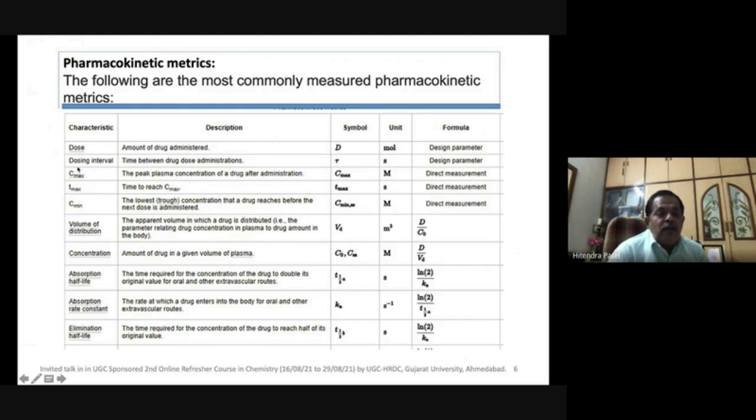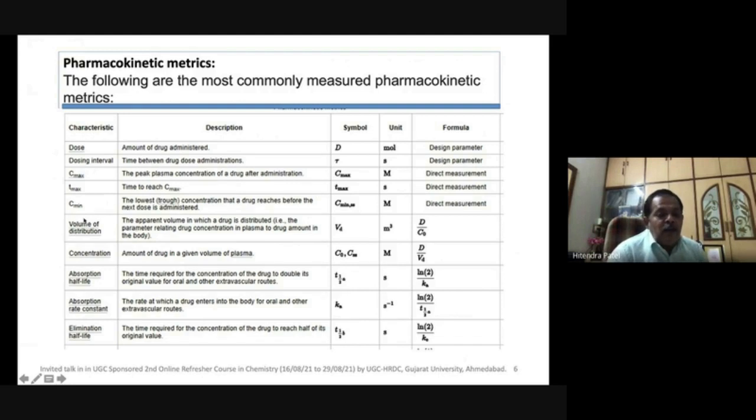And when we talk about Cmax, Cmax is nothing but the peak plasma concentration of the drug after administration, and Tmax is nothing but the time to reach that maximum concentration. Now the C minimum, that means the lowest concentration that the drug reaches before the next dose is administered, right? So that is called Cmin, C minimum, isn't it?